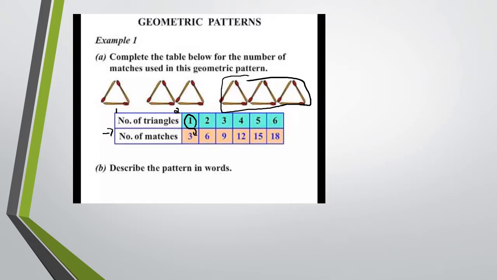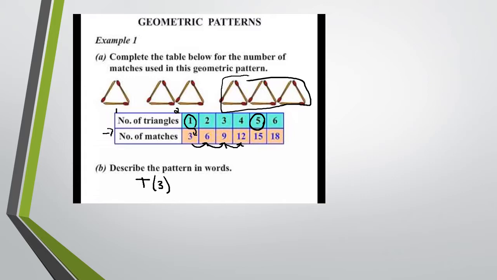So describe the pattern in words. Well, I would say that every time you add a triangle, you're adding 3 matches. So this one's pretty simple, right? So you can say maybe the triangle times 3, right? If the number of triangles is 5, you multiply that by 3 and that gives you your matches.